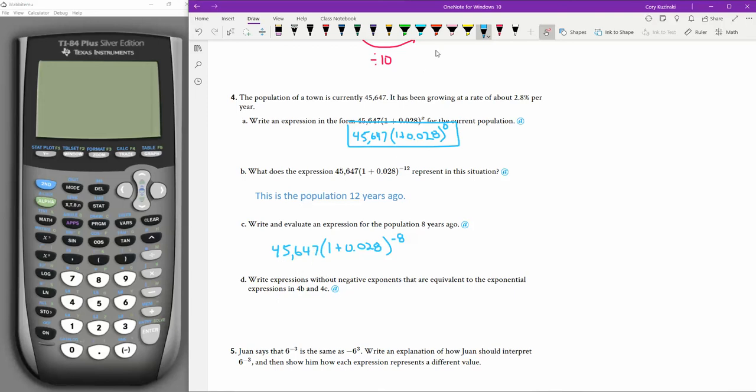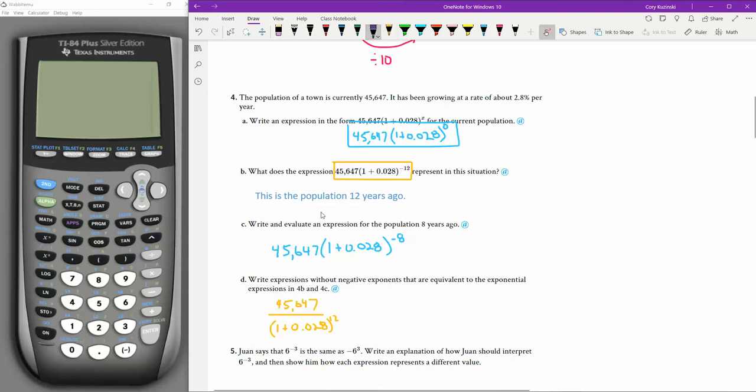Write expressions without negative exponents that are equivalent to those. Okay, well, let's see. This one up here would be 45,647. I'm sorry, actually this one right here. 45,647 divided by 1 plus 0.028 to the power of positive 12.